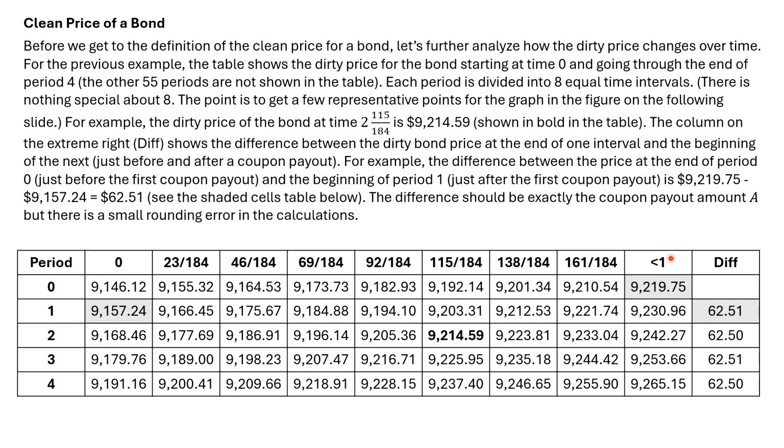And then when you go to the next period and you compute the dirty bond price, the difference, which I'm showing here, between, for example, this number and this number, is the coupon. There's a slight rounding here. It should really be 62.50 each time, but I had some rounding errors. And the same thing here.